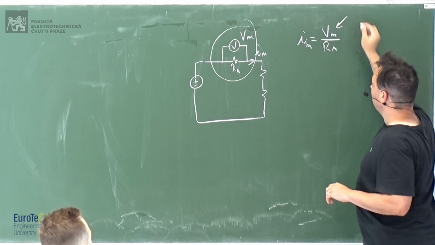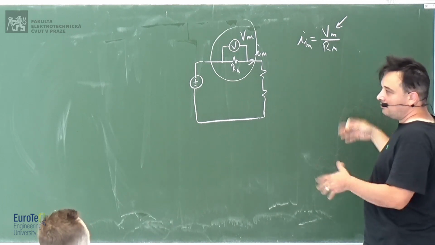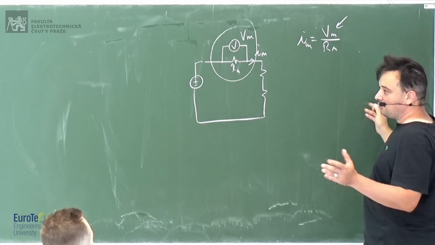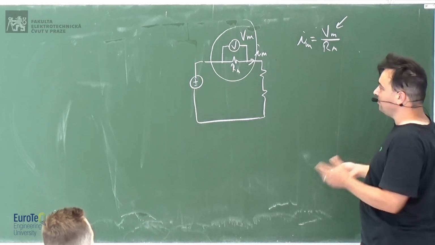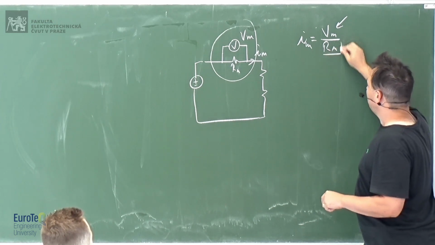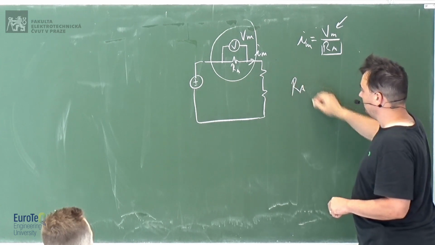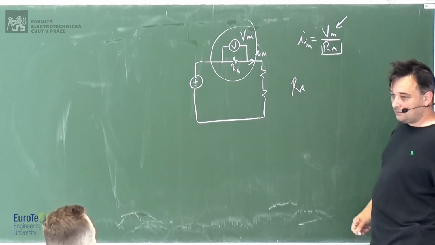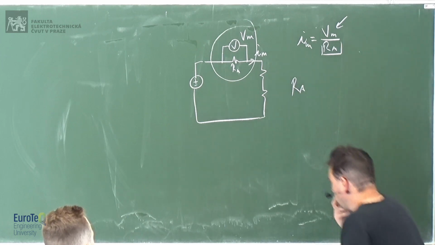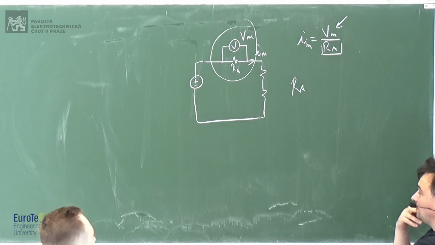Okay, so we take the voltmeter. We know the uncertainty of the voltmeter because we take the accuracy of the voltmeter. We assume uniform distribution, divided by square root of 3. We get the standard deviation. Fine. What about the resistance? Well, the resistance has some tolerance, okay.